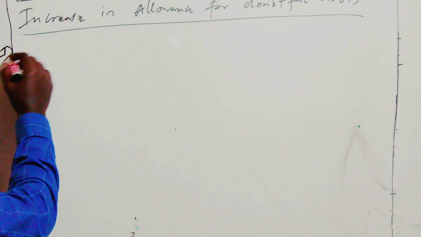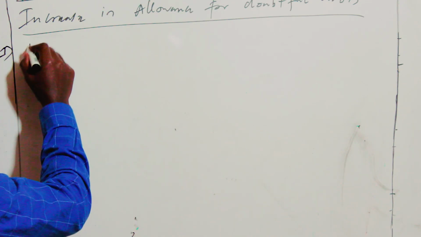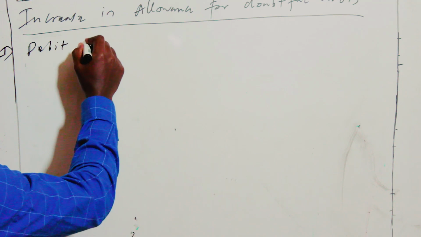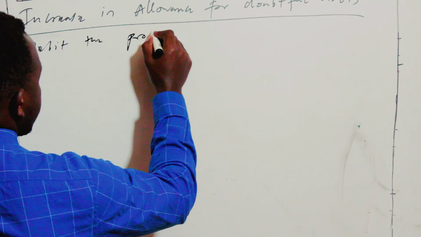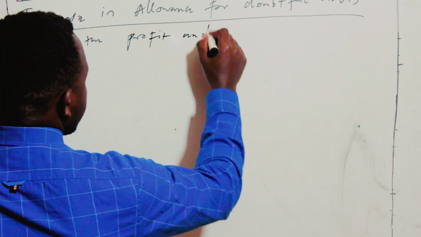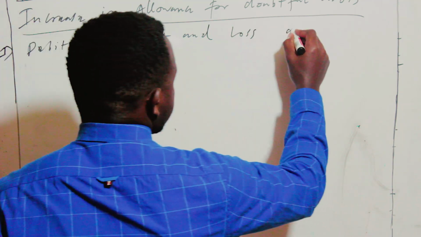So the first thing is that you're going to debit the profit and loss account.